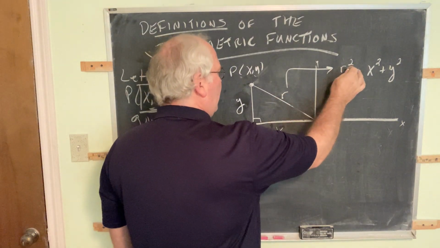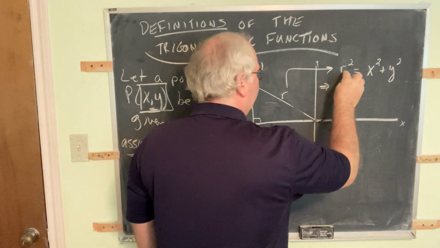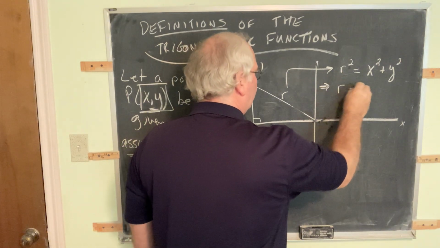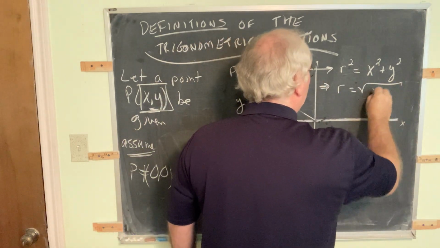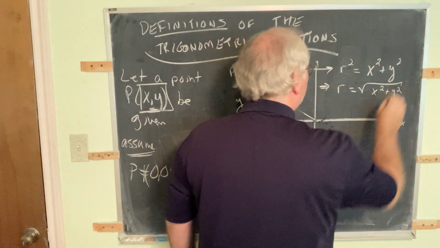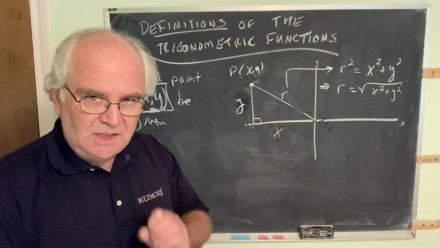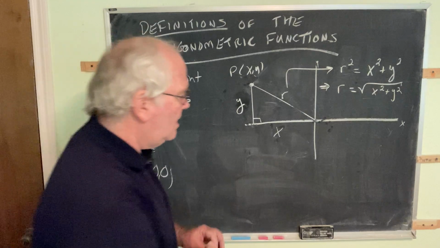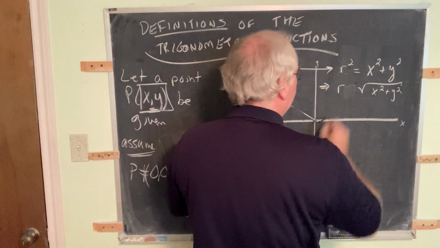So to get rid of the square, this implies the square root of the left is equal to the square root of the right. However, what I have written here is not, strictly speaking, accurate. Actually, what I should write is this.